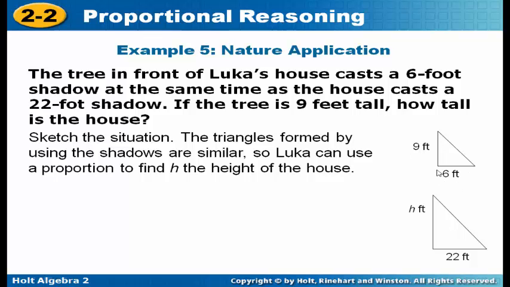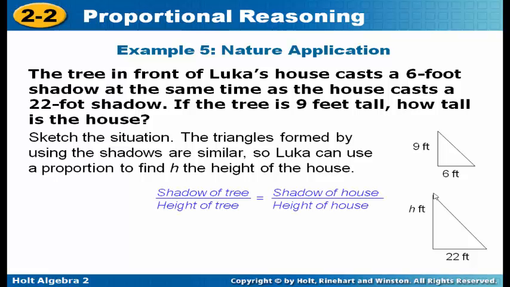Draw the first with base 6 and height 9, and draw the second with base 22 and height h. And now, shadow of tree over height of tree equals shadow of house over height of house.